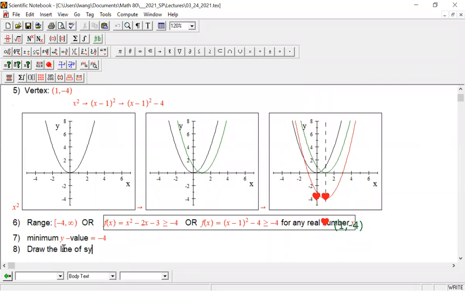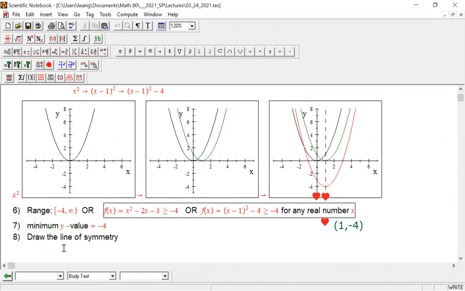And now, what is the equation of the line of symmetry? The equation of the line of symmetry is x equals 1.